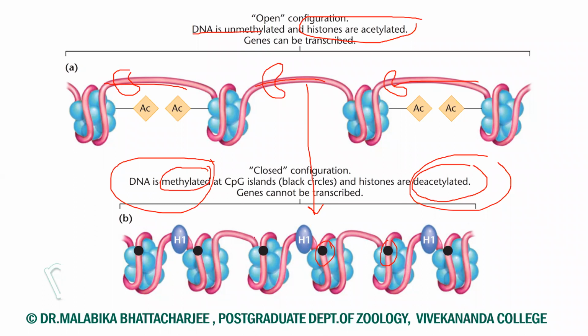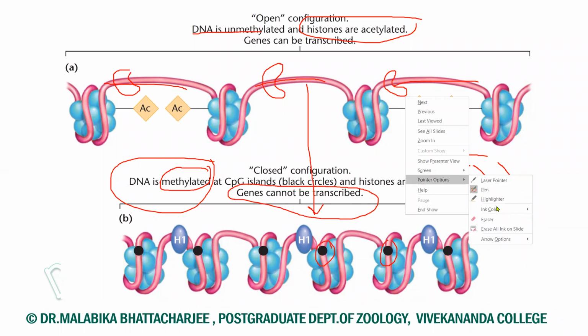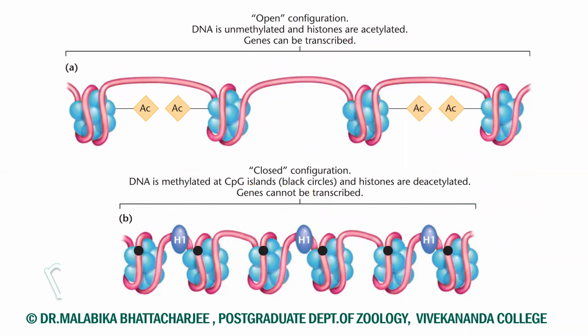In closed configuration, this is very vital, genes cannot be transcribed, while in open configuration, you can see genes can be transcribed. So if DNA is in open configuration, it helps in transcription. If DNA is in closed configuration, it prevents transcription.